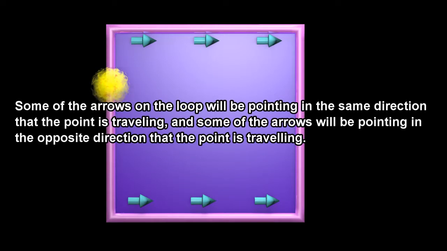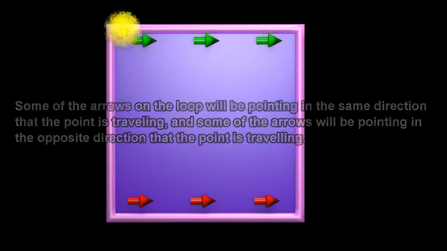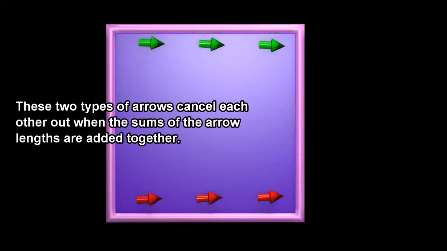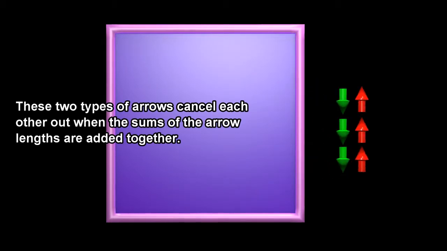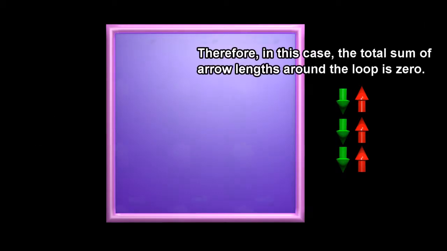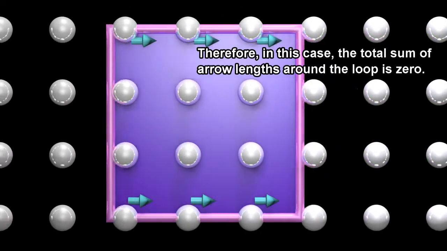Some of the arrows on the loop will be pointing in the same direction that the point is traveling, and some of the arrows will be pointing in the opposite direction that the point is traveling. These two types of arrows cancel each other out when the sums of the arrow lengths are added together. Therefore, in this case, the total sum of arrow lengths around the loop is 0.